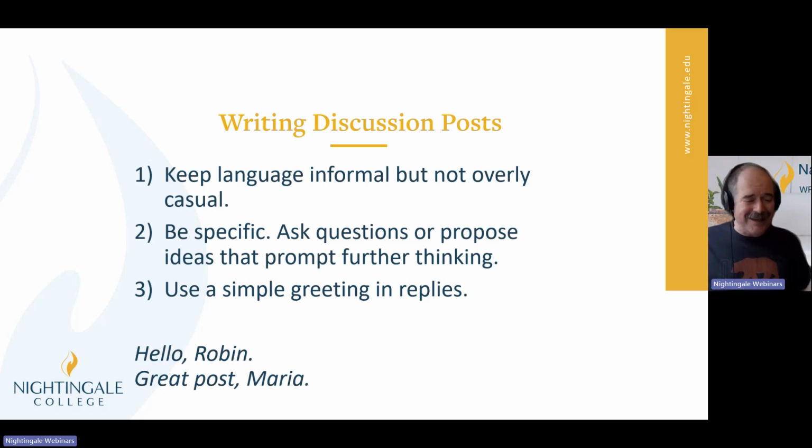And this is key because if you've got 25, 30 classmates, plus maybe a lot more than that depending on the class, some classes are small, some are big, it can get confusing keeping track of who is responding to whom. Using these little tags, addressing someone by name at the beginning of your post, makes the discussion much easier to follow.